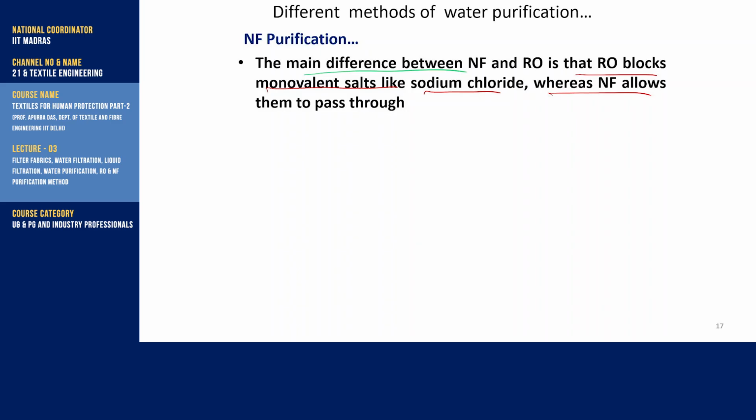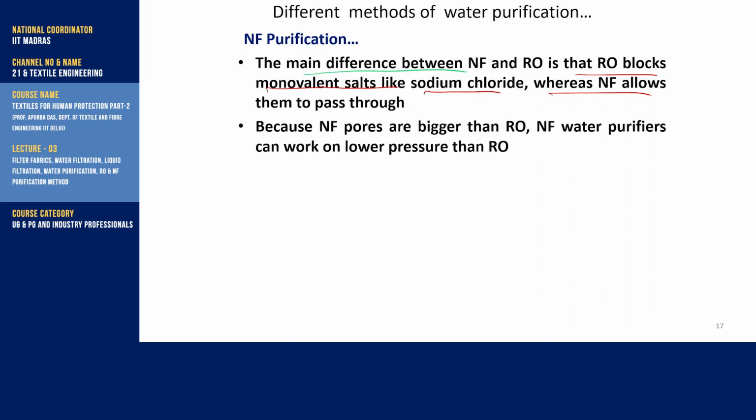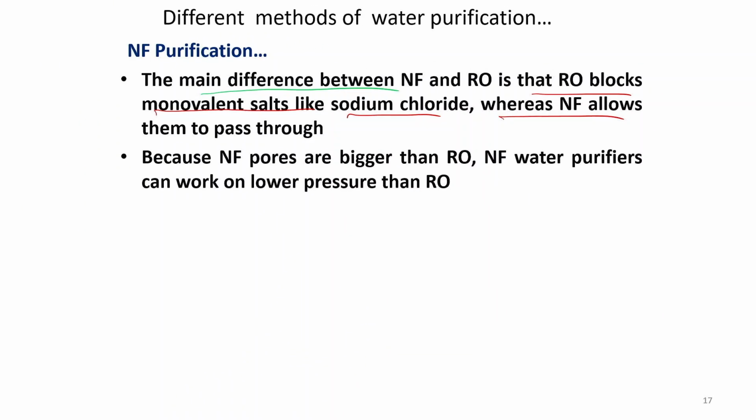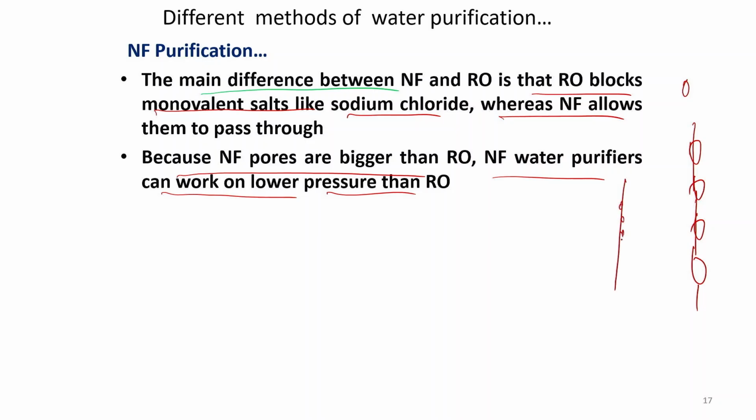As I have already mentioned, the nanofilter has a larger pore than RO. So, a nano water purifier can work at lower pressure than RO. RO needs higher pressure, as the nanofilter has larger pore size and RO has smaller pore size.